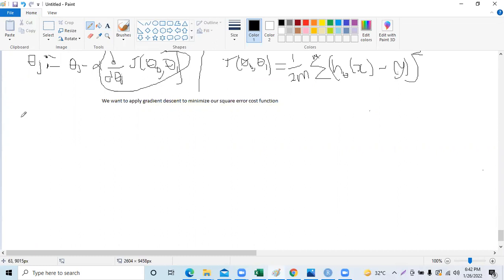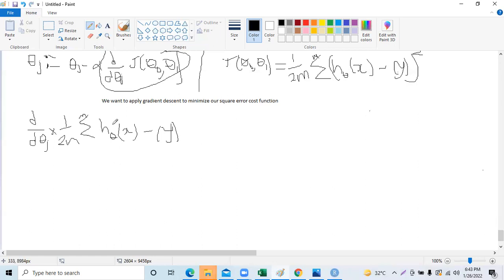I'm going to have the partial derivative with respect to theta j, multiplied by 1 over 2m, into a summation, I should have m here, of h of x minus y, all squared.